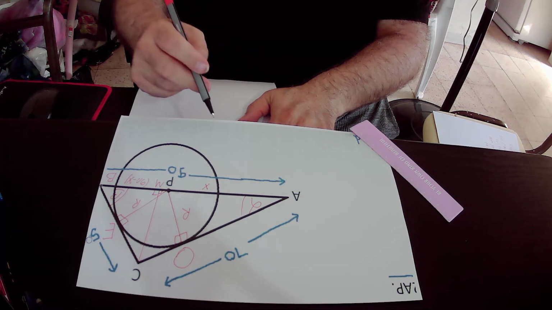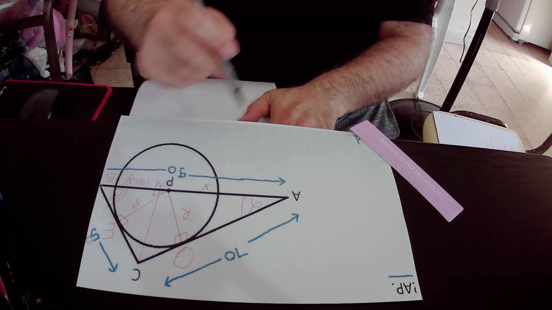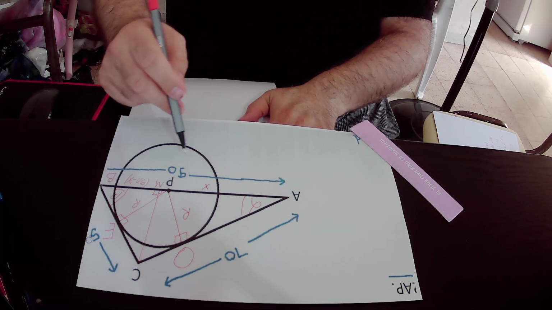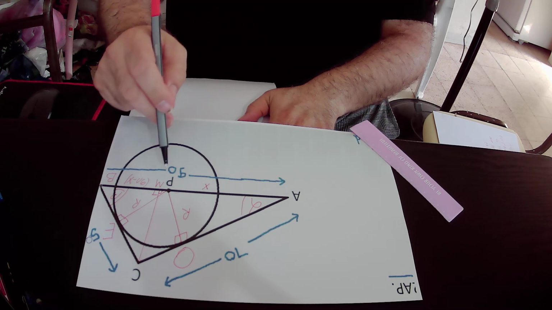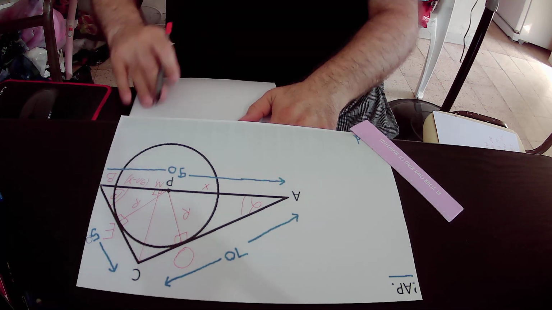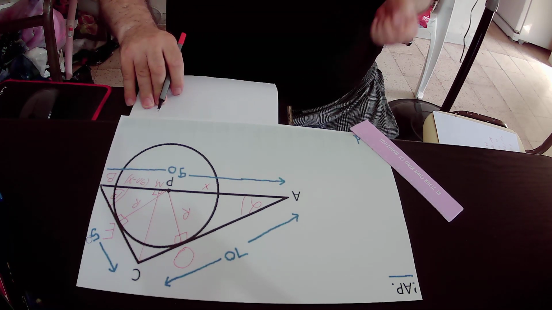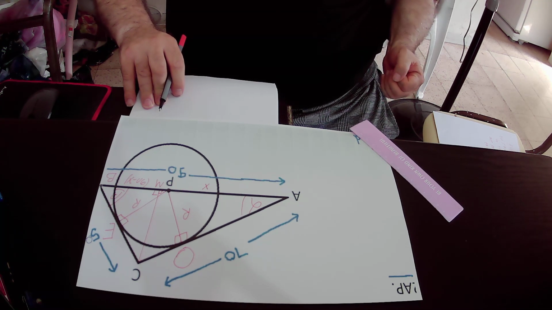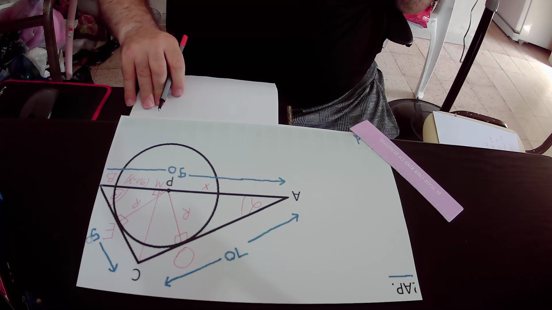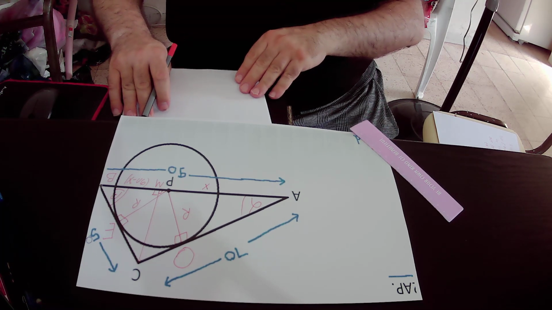AOP is a right triangle because angle AOP equals 90 degrees, and also ACM is a right triangle because angle AMC equals 90 degrees. Any triangle that has one of its angles equal to 90 degrees is defined as a right triangle.